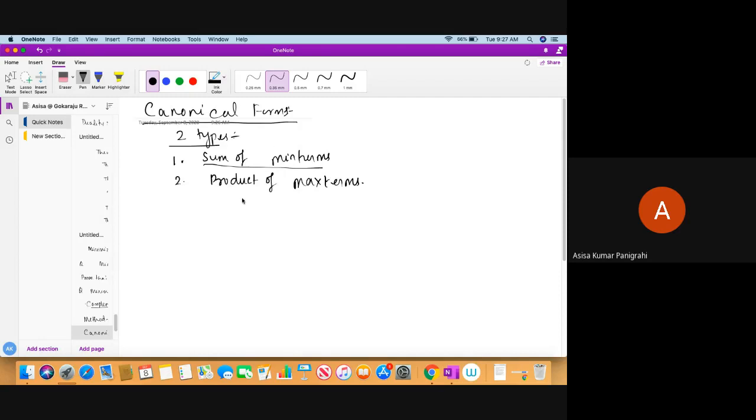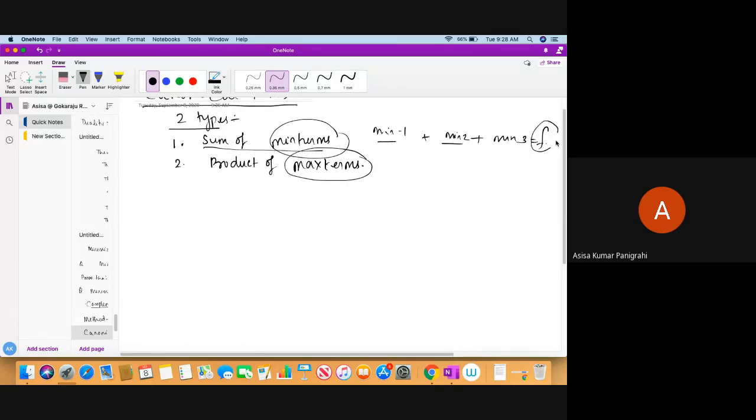Product of max terms means all the max terms finally multiplied. Now the question is, what are min terms and max terms? This is a min term, this is a min term: min term 1, min term 2, min term 3. Finally, the sum of all these min terms gives me the final function, which is the sum of min terms.